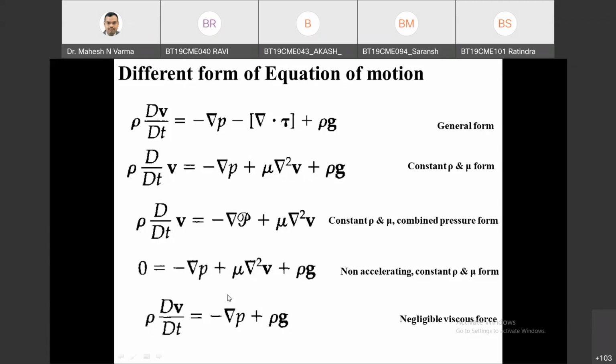As I told you initially also, most of the problems in chemical engineering momentum transfer will be dealing with a constant density and viscosity system. So this second equation is useful.